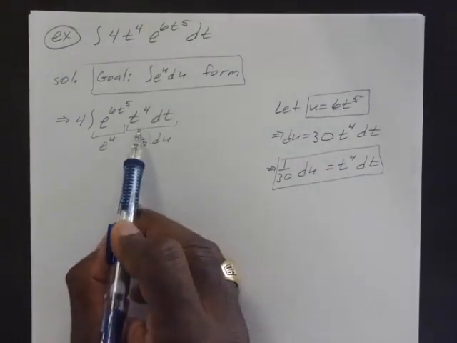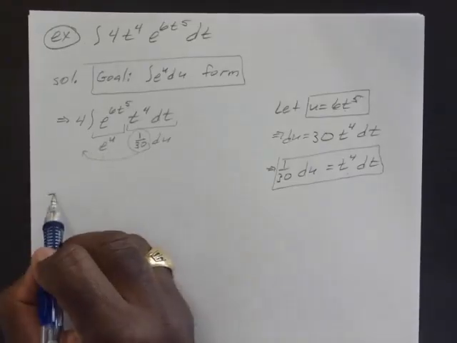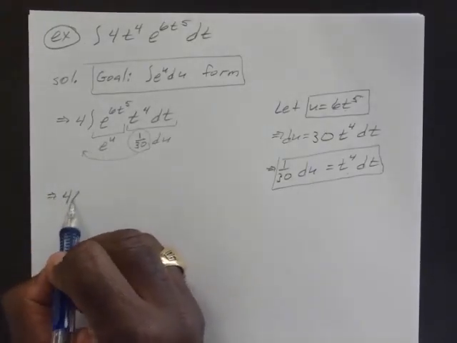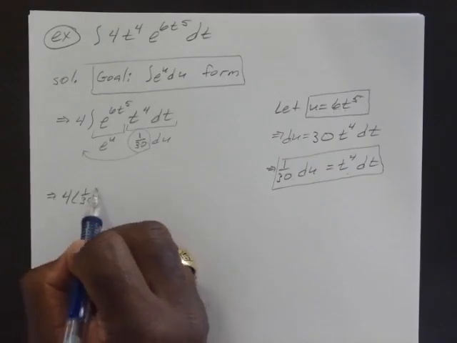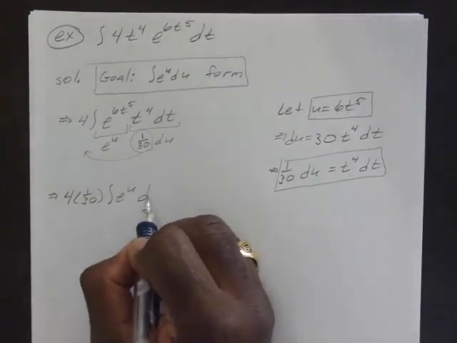So if we get this 1 over 30 and factor it out to the front, that gives us 4 times 1 over 30 times the integral of e to the power of u du.